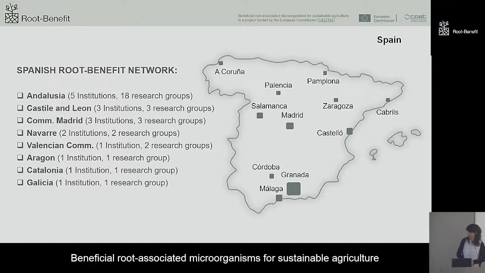This big square is Granada, which has the highest number of research groups that fit in this Action, followed by institutions in Castilla y León, Madrid, and then Navarra, where I come from. Then we have some other regions in Valencia, Aragon, Catalonia, and Galicia. So, as you can see, a bit all over the place.